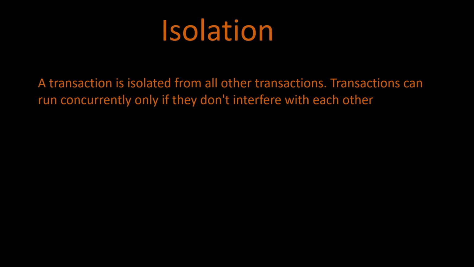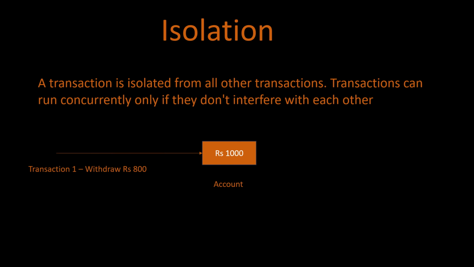The next property is isolation. Isolation means that whenever we are running multiple transactions concurrently, one transaction should not interfere with the other transaction. For example, we have an account with some balance, and there are two transactions running at the same time on this account. Transaction one wants to withdraw some amount, and at the same time, transaction two wants to withdraw some amount.